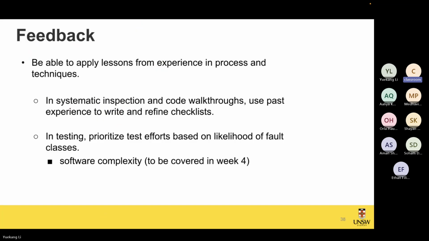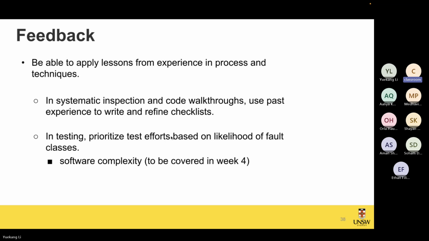And this feedback can also help us to prioritize our test effort, of course. If a particular part of the code had some error before, during the development, then when we design new test cases, we may need to prioritize that part of the program, right? So that's one kind of feedback we can have.